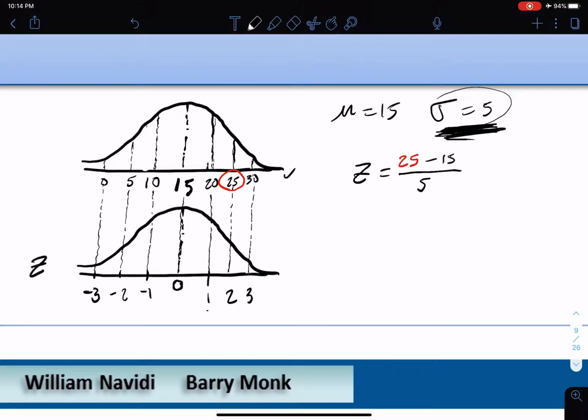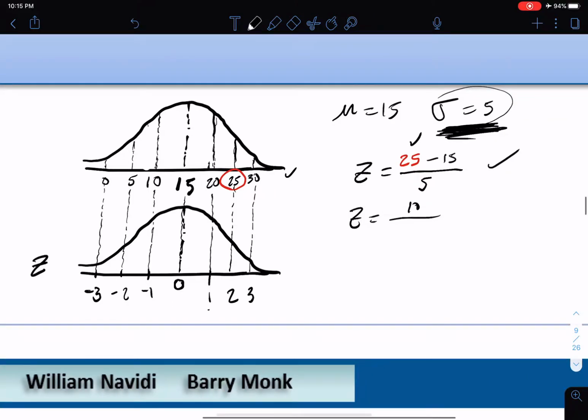A lot of times with these problems they'll give you that number and ask, what's its z-score? You can visually see it's going to be a positive 2. But this is the formula that you use. So you've got 25 minus 15, which gives you 10. And 10 divided by 5 gives you 2, which is clearly that same value.